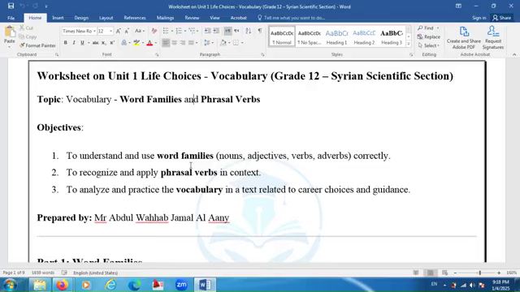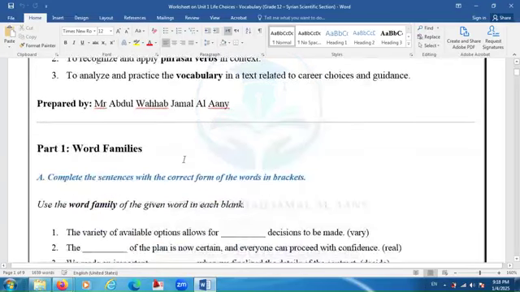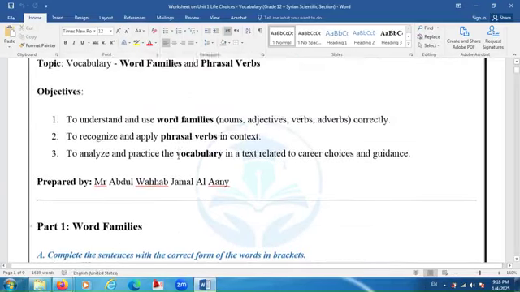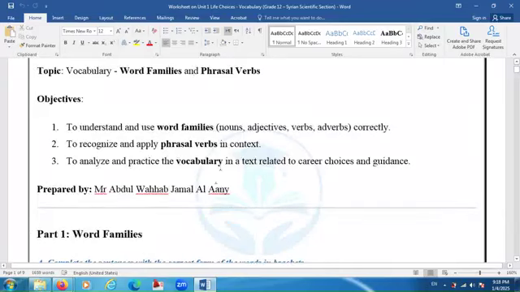So, for example, we have the word aspire, we have the word aspiration, we have the word apt. This is an example of derivatives, and the skill is to derive those words correctly, the nouns, the adjectives, the verbs, and the adverbs.